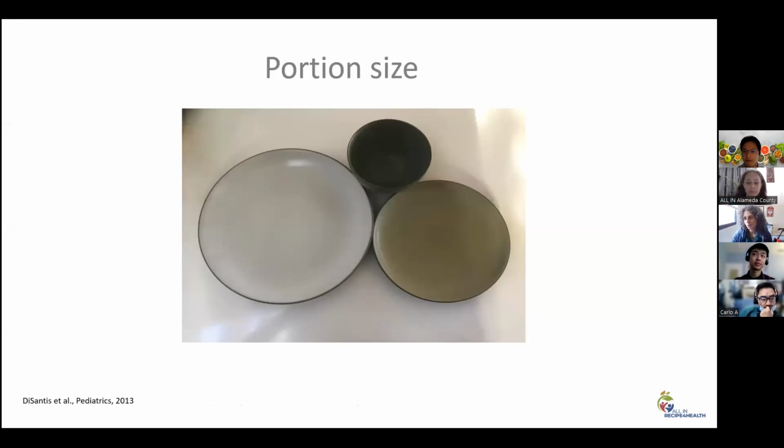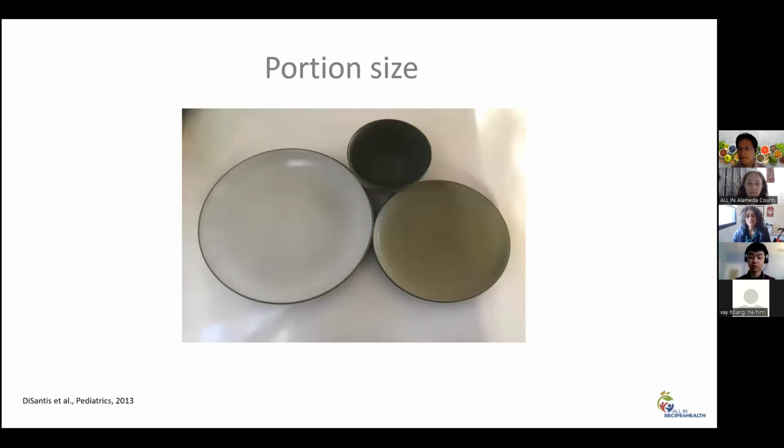The next piece was portion size. Along with those 3 C's of compile or cook, contemplate, and chew, another way that we can start to work with our pre-digestion self to control appetite is through portion size.